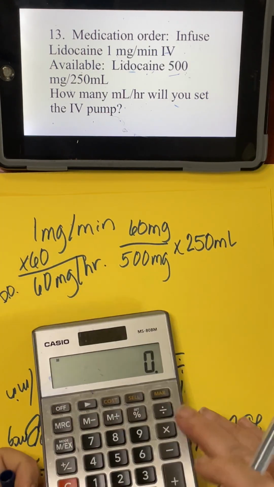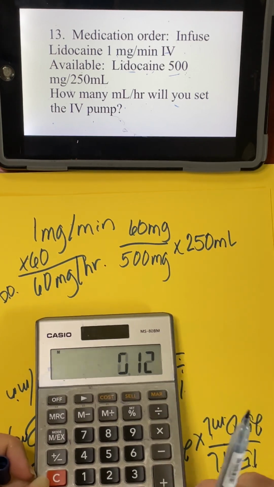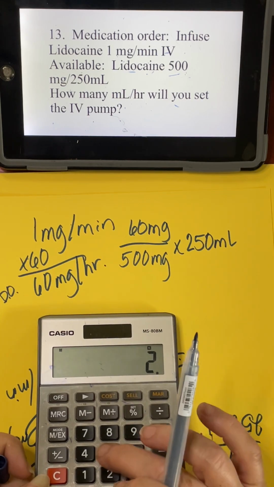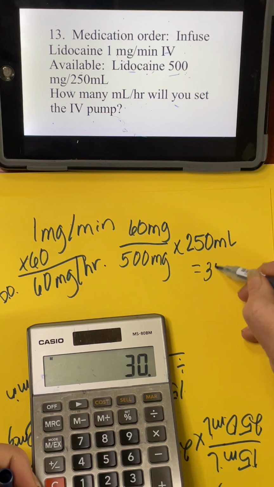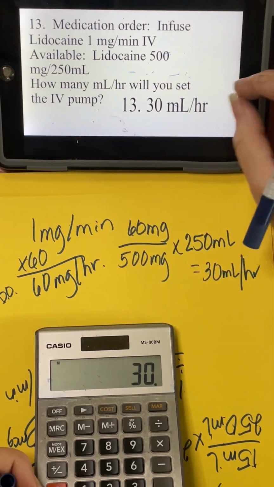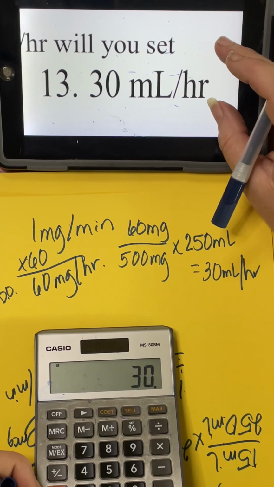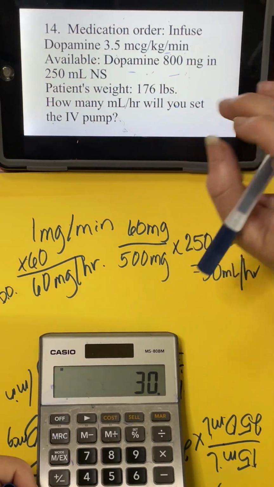So get your handy dandy calculator. 60 divided by 500 equals, don't look because you're not done, times 250. So that's going to go in at 30 milliliters an hour. So don't freak out when it says minute, or if it's in hours and you have to do it in minutes. You can do this.